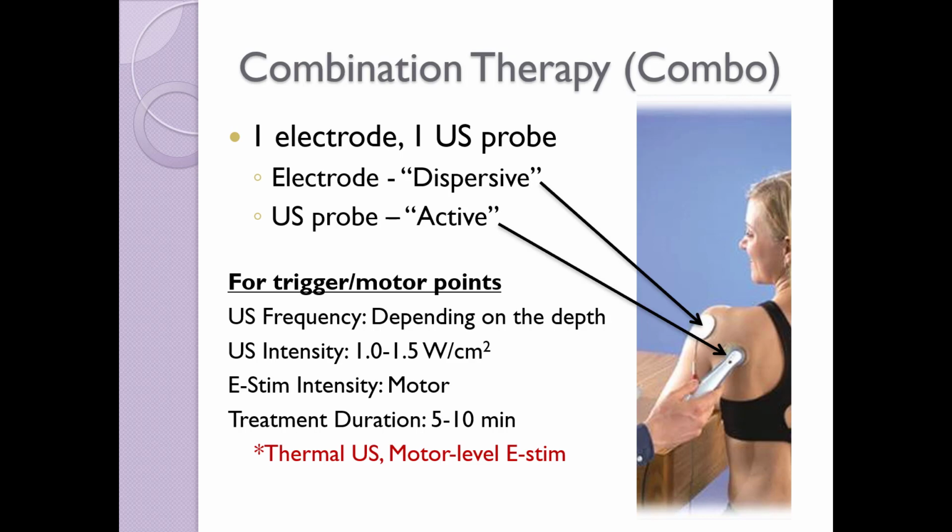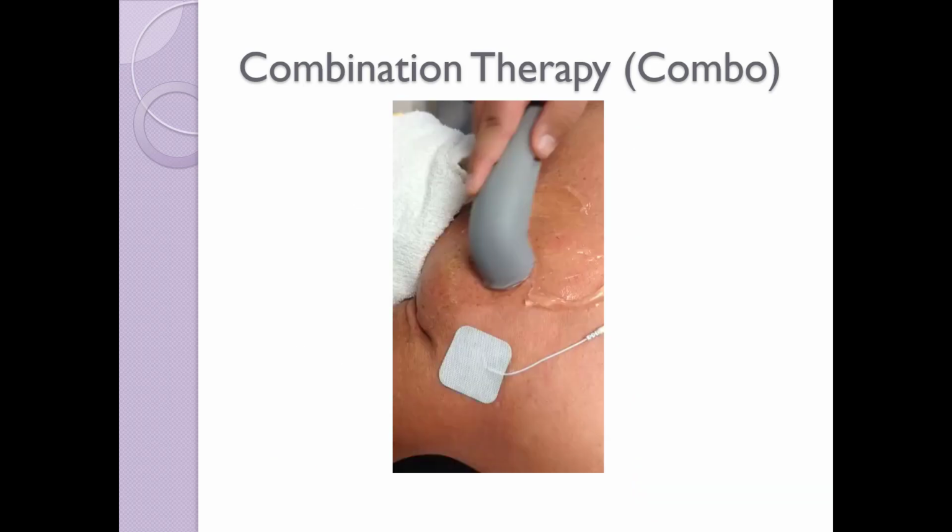The E-stim intensity should be set for a motor contraction. The treatment duration is between 5 and 10 minutes. The idea behind this treatment is that we have a thermal ultrasound treatment combined with motor level electrical stimulation. Here's a picture of what a combo treatment looks like on an upper back.